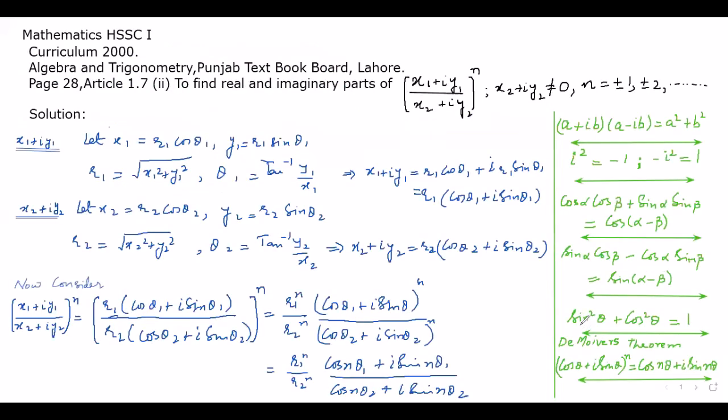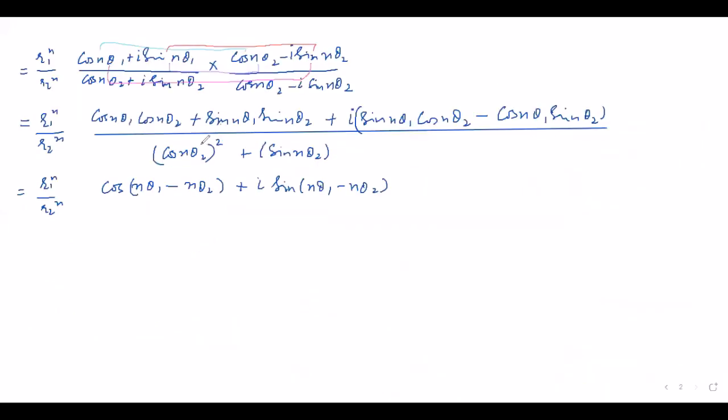And in the denominator, we are going to apply this result: sin square theta plus cos square theta equals 1. So cos square of n theta 2 plus sin square of n theta 2 will also become 1. So I'm going to write 1 here. Here it is.